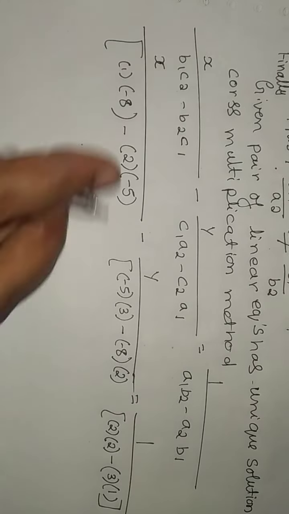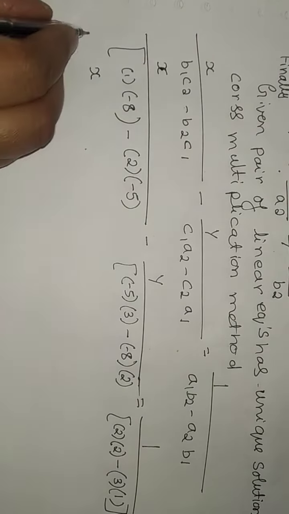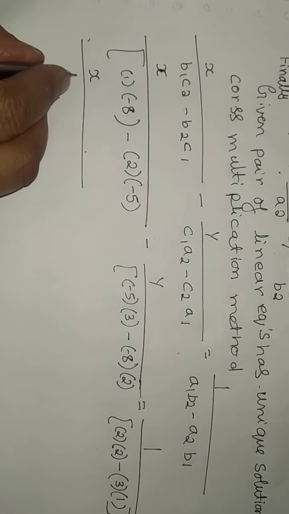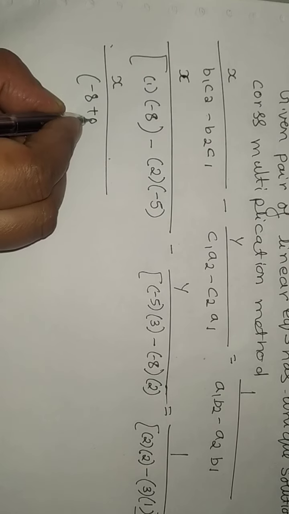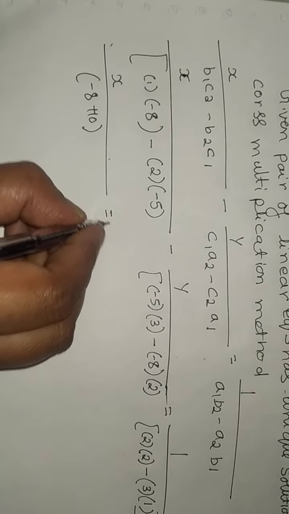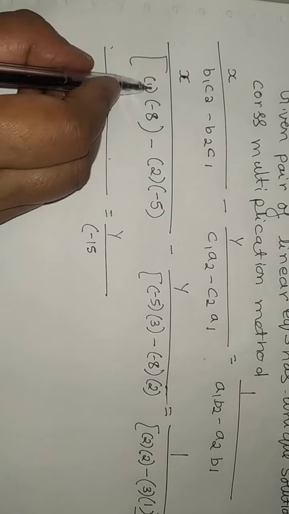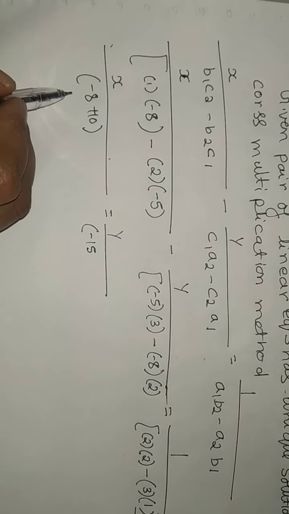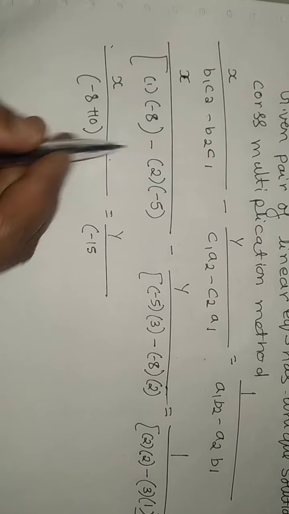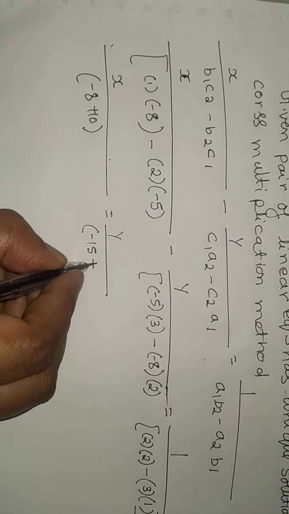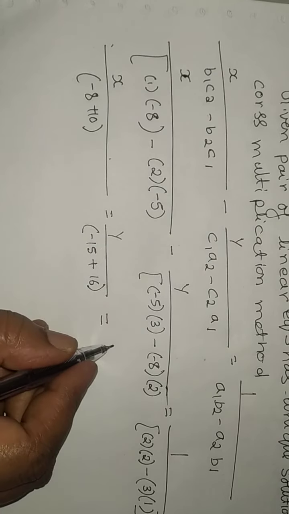Next simplify this. We get x by minus 8 plus 10, which is equal to y by minus 15 plus 16: minus 1 into 8 is minus 8, 2 into 5 is 10, and the 15 plus we get 16 here. Minus minus becomes plus.